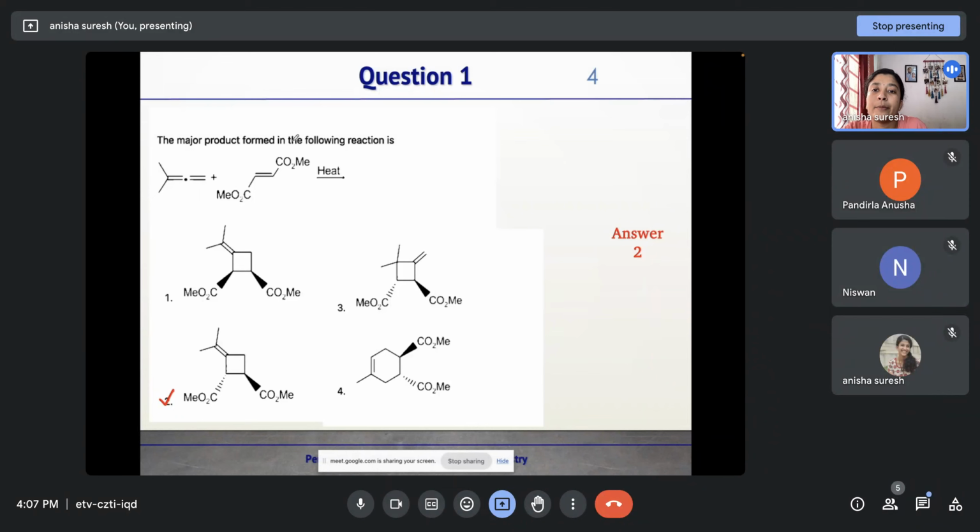And here since this is a trans alkene, the product will also be trans or anti. Okay, so this is the final product that we will get from this 2 plus 2 cycloaddition reaction. Is this question clear? Any doubts?